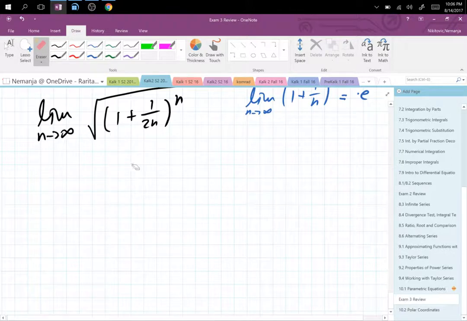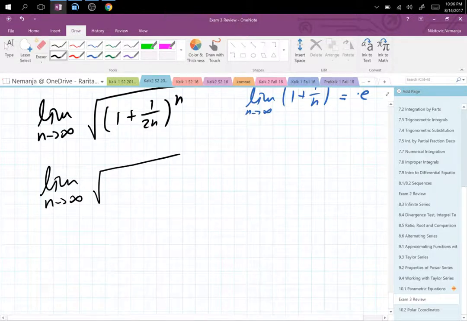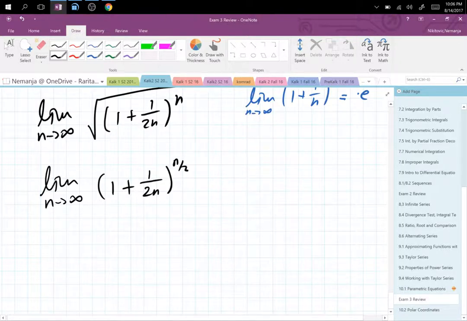So before I do a substitution, let's first do that manipulation. So limit as n goes to infinity of the square root of 1 plus 1 over 2n, to the n over 2, right? Because the exponent of the exponent multiplies together.